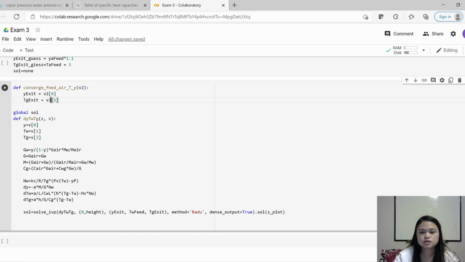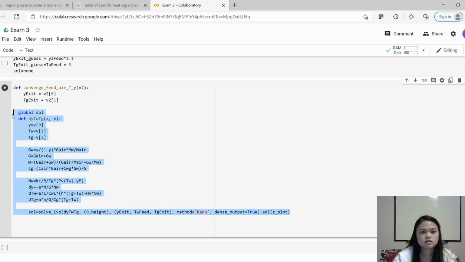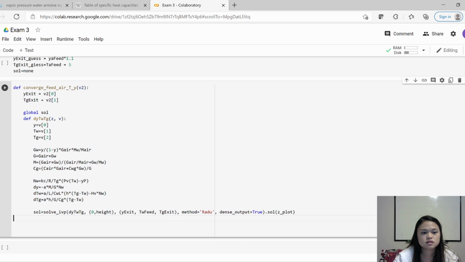Okay, so now we want to move down here, and we want to return values for this function. So first, I think I need to indent this. Yes. And I think it goes like this.